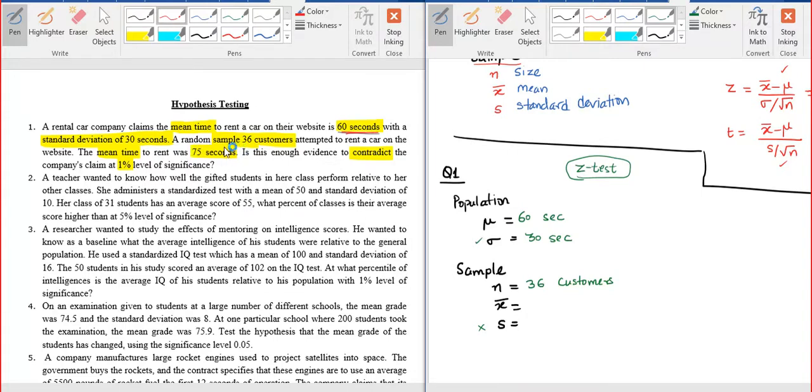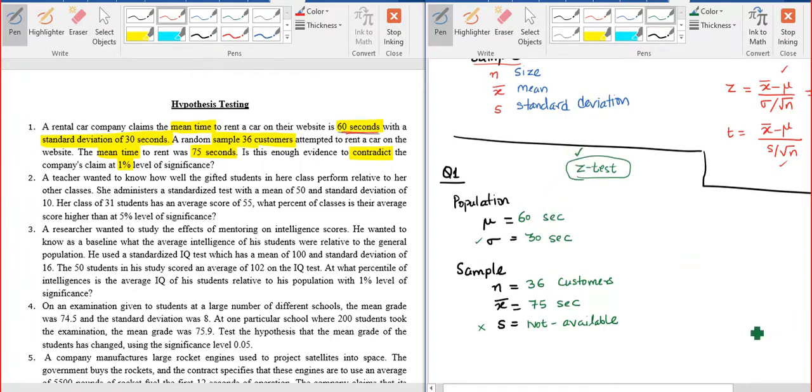As we are continuing the sentence, it means the feedback given by these 36 customers is that it takes 75 seconds on average to rent a car. So this is the sample mean, 75 seconds. No more information is given related to the standard deviation of the sample, so this is not available. It means yes, it is a case of Z test.